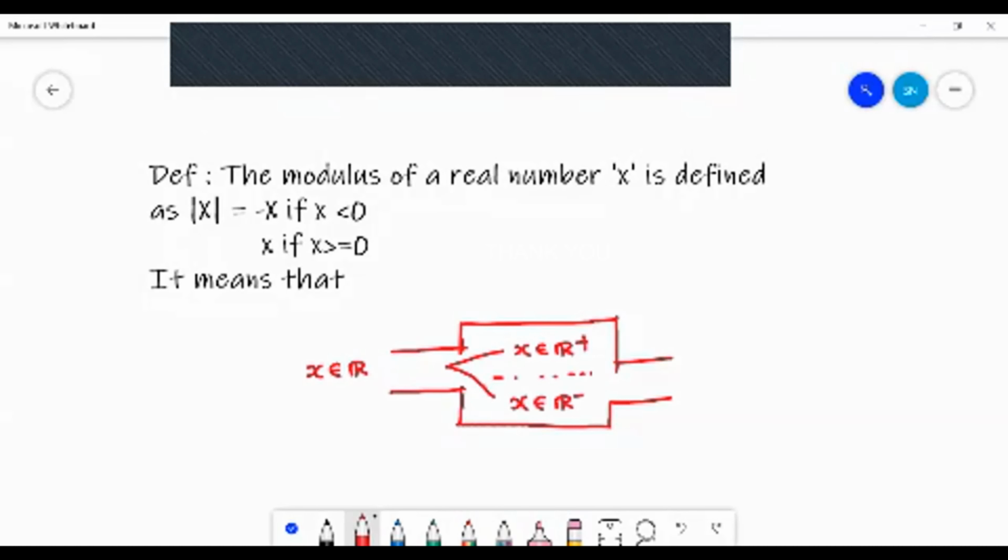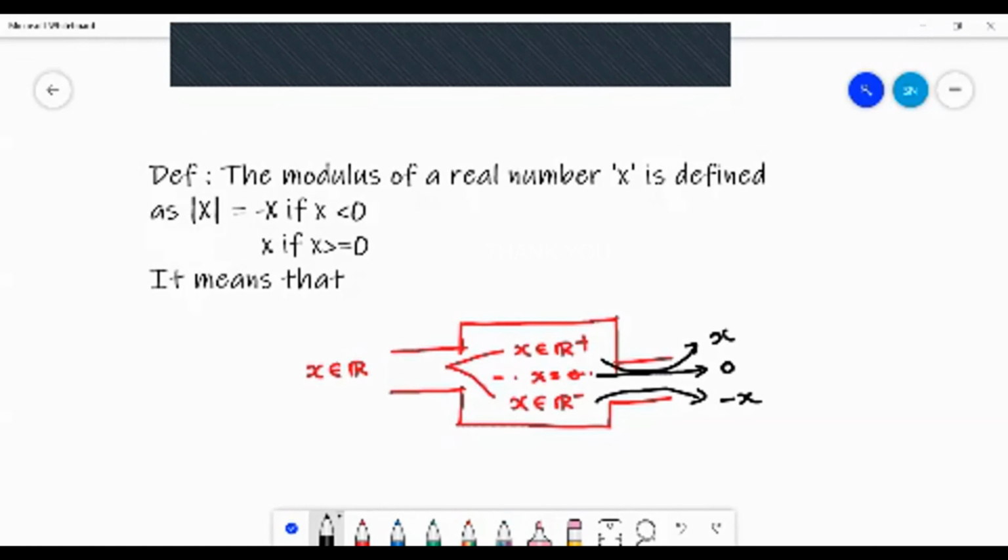What it does: when x belongs to R plus, it processes it as it is, so finally the output is x only. When it is 0, it gives 0. And when x is a negative real number, it processes it as minus x.